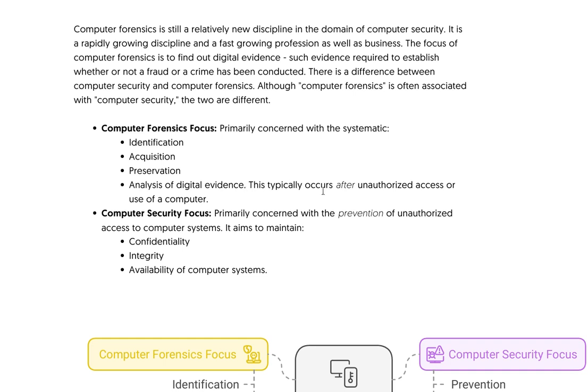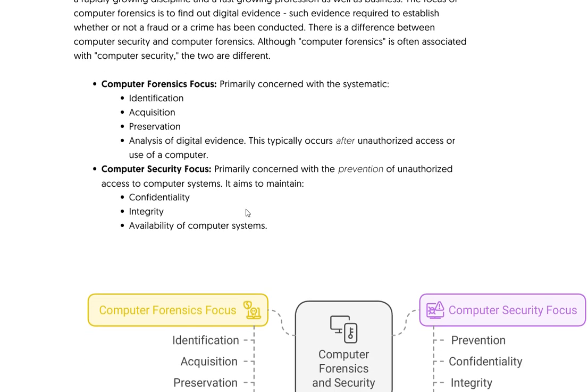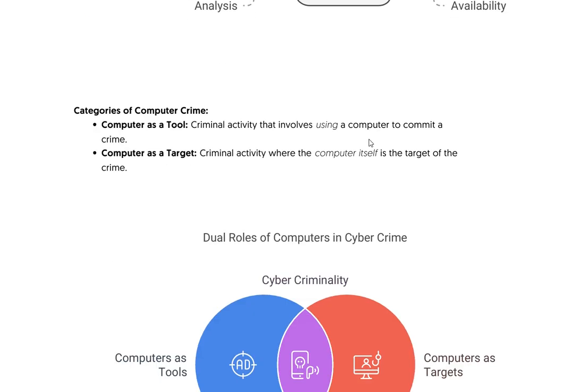This typically occurs after unauthorized access or use of a computer. It is like detection: computer forensic focus is on detection. Computer security's primary concern is prevention of unauthorized access to the computer system, which maintains the confidentiality, integrity and availability of the computer system.